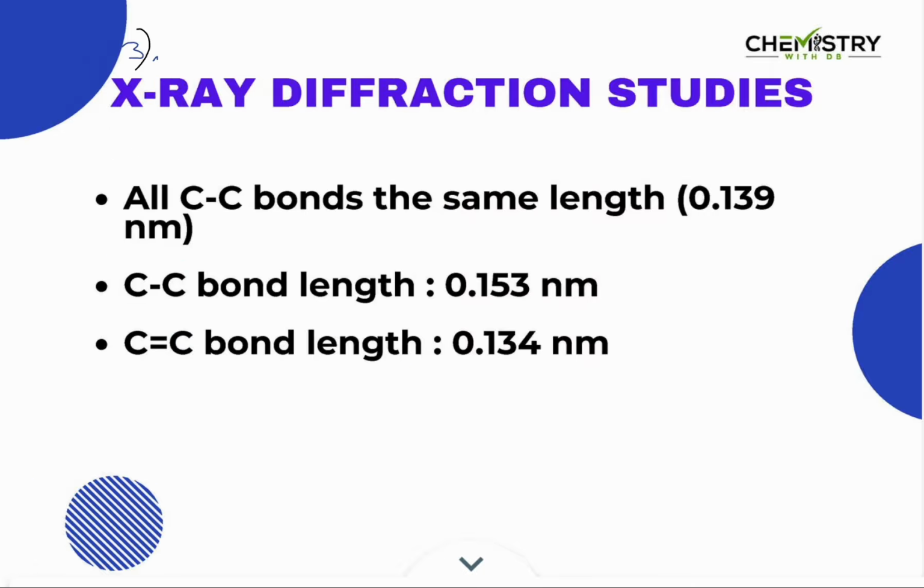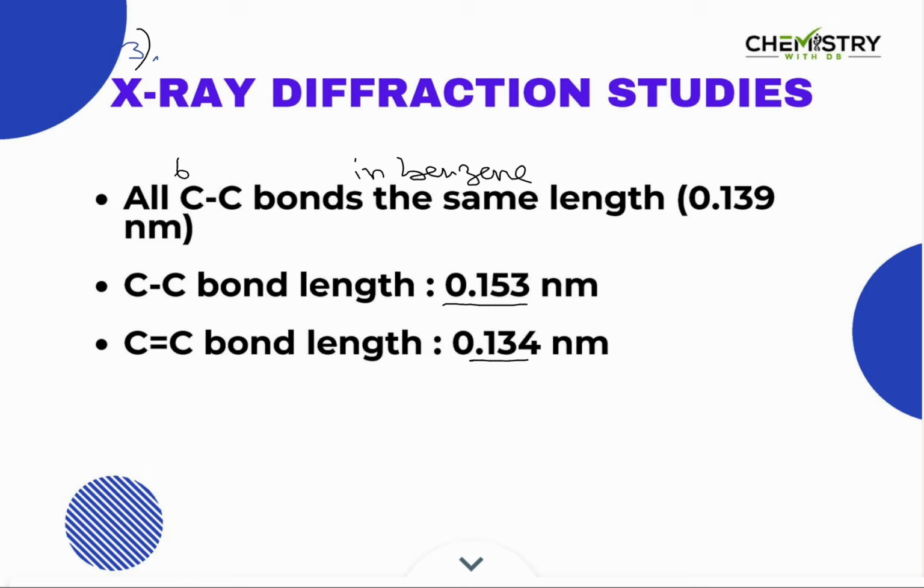The third important piece of evidence came from the X-ray diffraction studies, which proved that the C-C bond length is 0.153 nanometer. The C=C bond length, on the other hand, is shorter, 0.134 nanometer. In the case of benzene, firstly all bonds are of the same length.